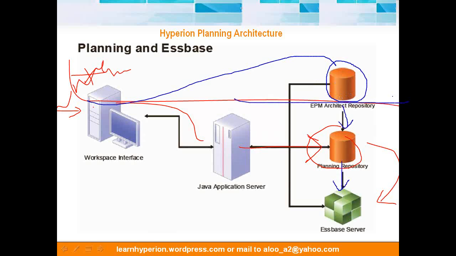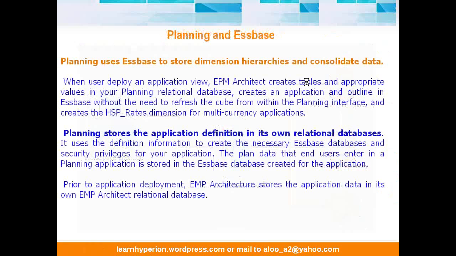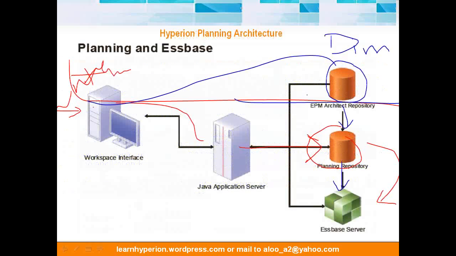We will understand it in detail in future. This is basically for the dimension library. It is added primarily for reusability of components and metadata management. Seeing is believing. When I do it live, you will understand.